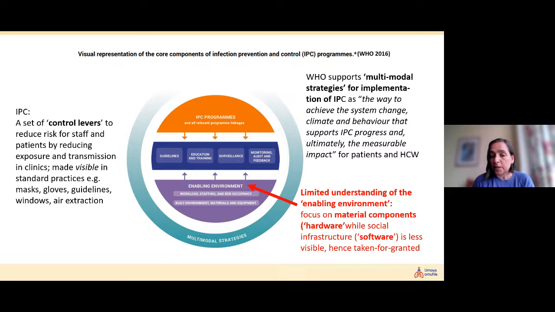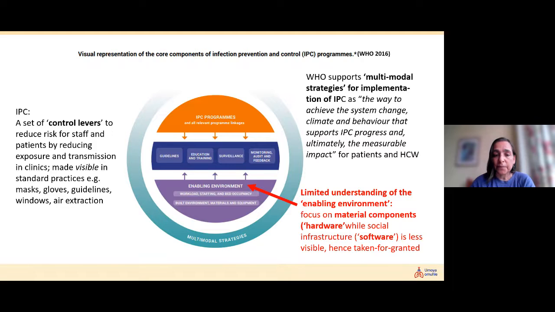It focuses mainly on material components, and the social infrastructure, in other words the norms, the values, the practices that underpin why IPC is taken up and how, is often taken for granted and less visible.